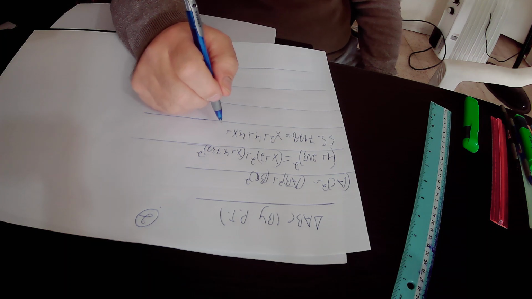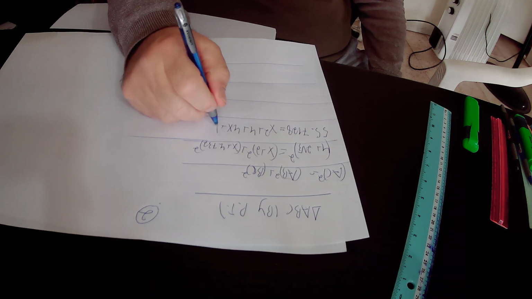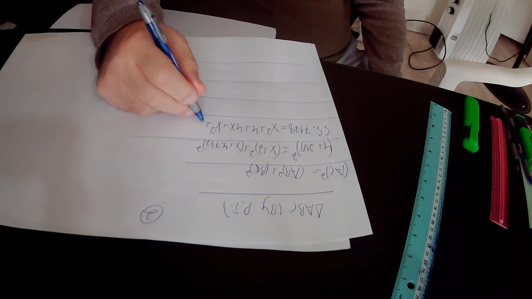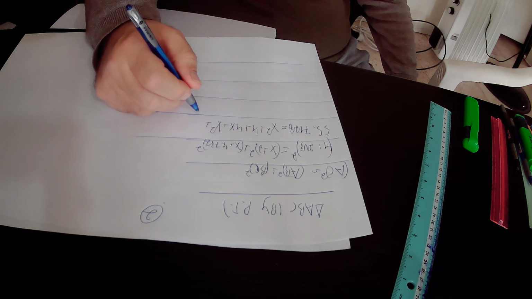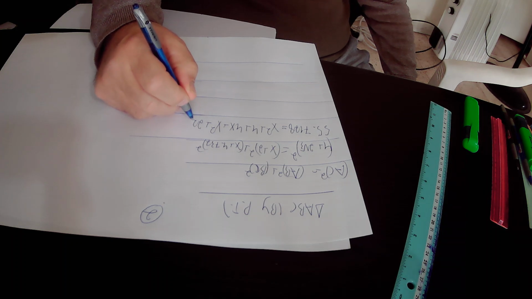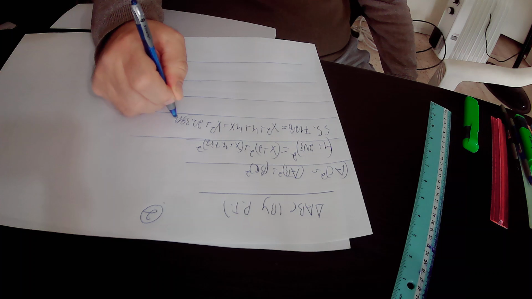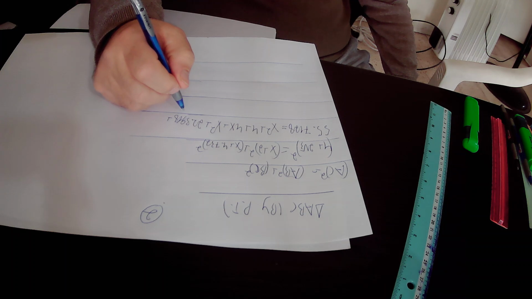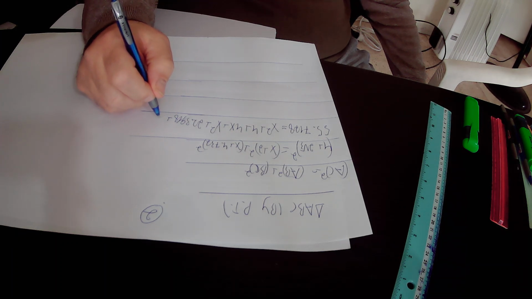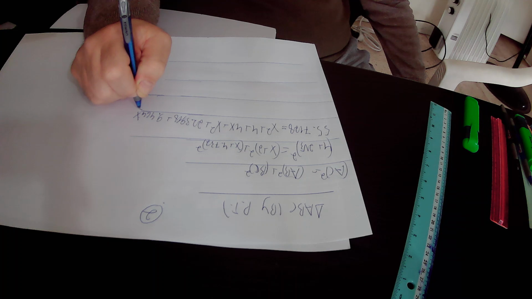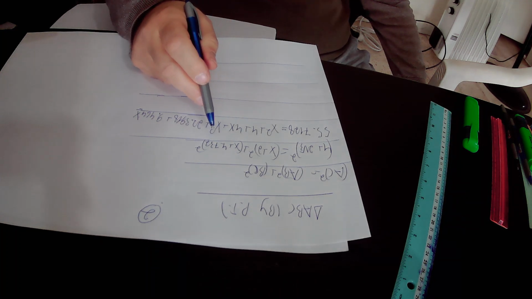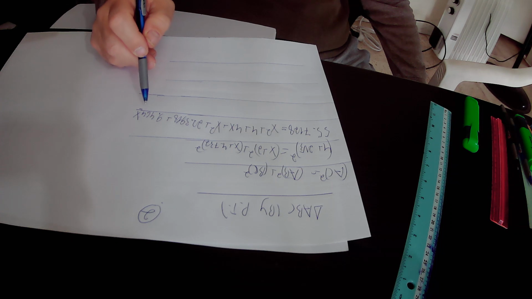X plus 4.732 squared equals x squared plus 4.732 squared, that is 22.3918, plus 2 times x times 4.732, which equals 9.464x.